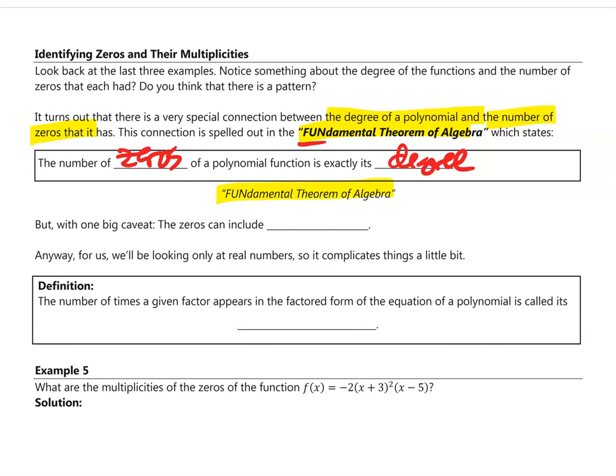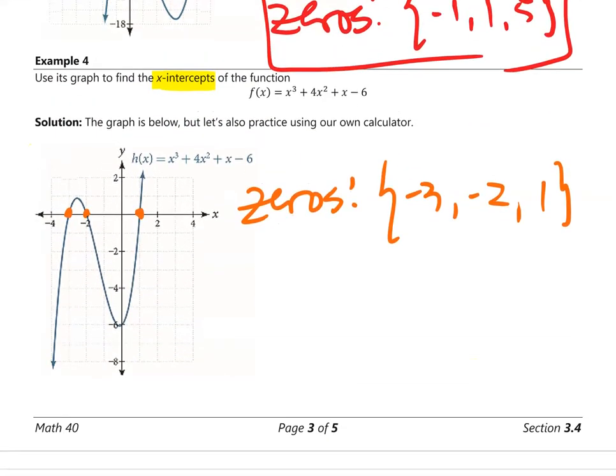But with one big caveat here, the zeros can include complex numbers. So I'll show you later. So again, the number of zeros of a polynomial function is exactly the degree. So let's go back here. The degree of this h of x, the degree meaning the highest power, is 3. So that's why you have 3 zeros.